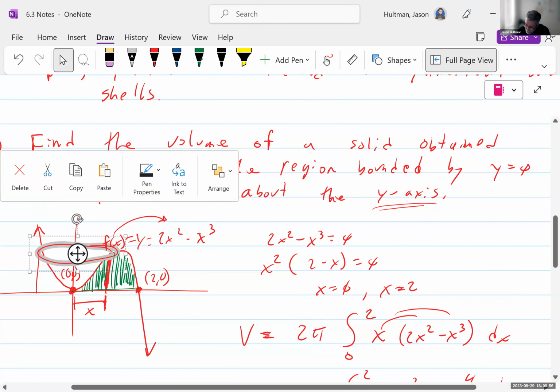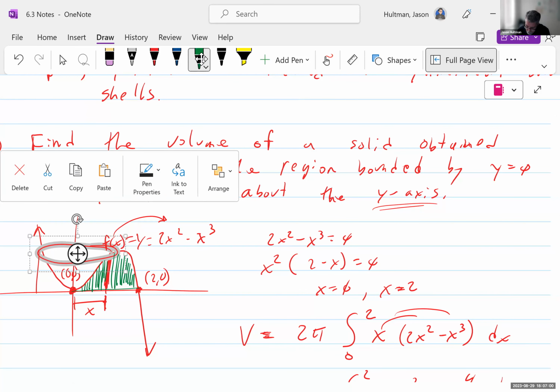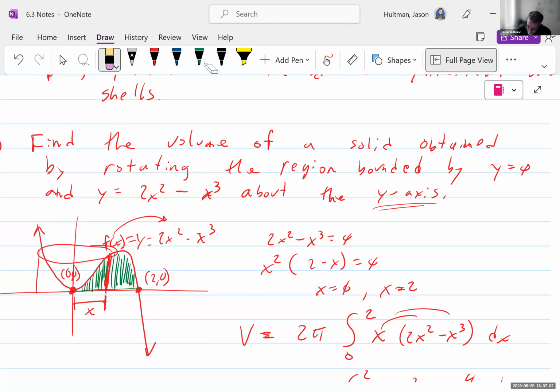So if we take the top function minus the bottom function, but the bottom function here is the x-axis, then that's just the top function. The top function is 2x squared minus x cubed. The bottom function is 0. So if we just subtract off 0, we get the entire area, and then we're going to rotate that and create these cylindrical shells.